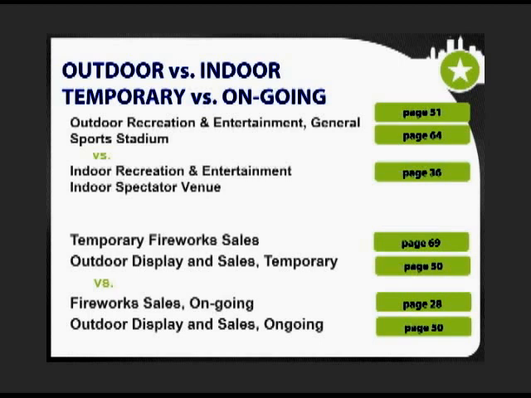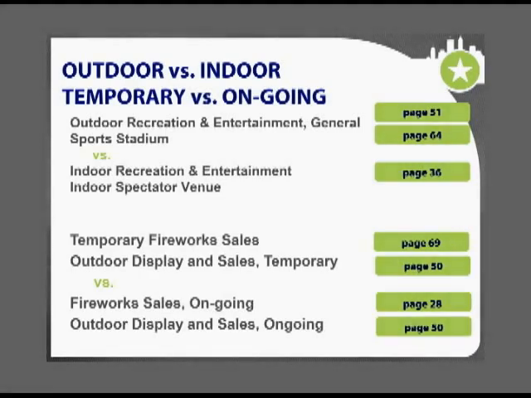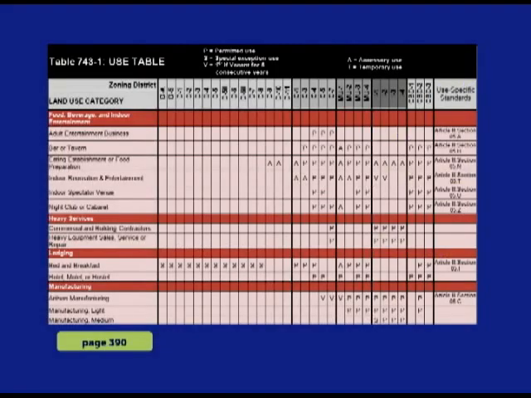I'm not going to go into it a lot, but I just wanted to make you aware that we have these distinctions and that when you see one, you should definitely go find the other or read the other one to make sure that you understand the difference between the two. We've kind of covered all the unique, well, most of the unique elements of what's going on in the use table.